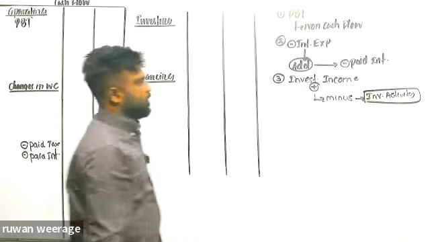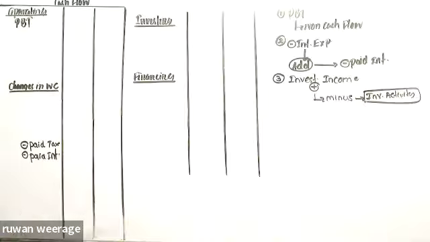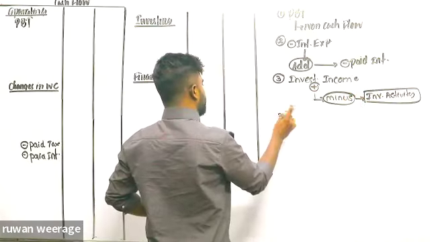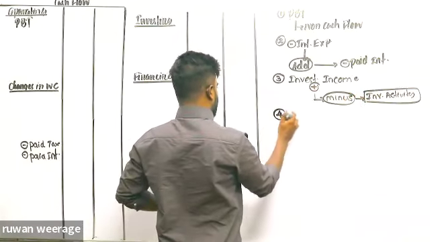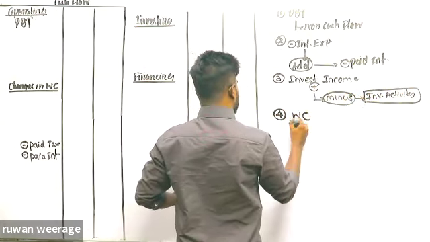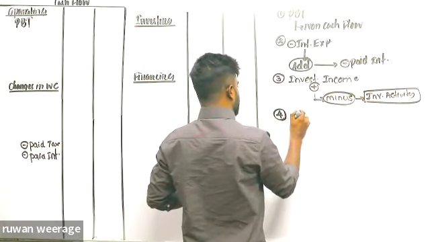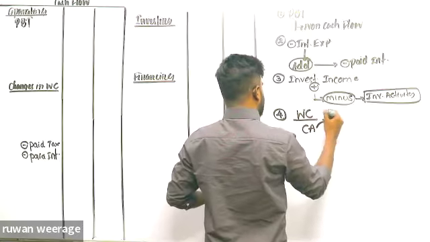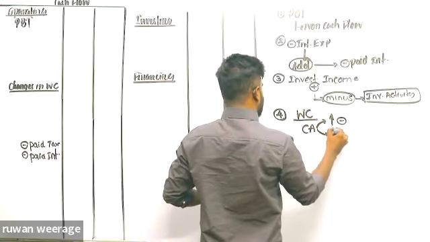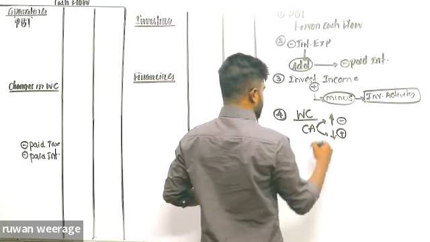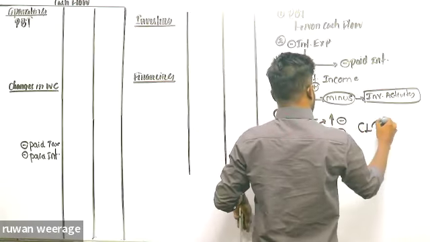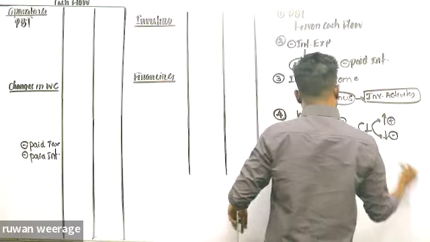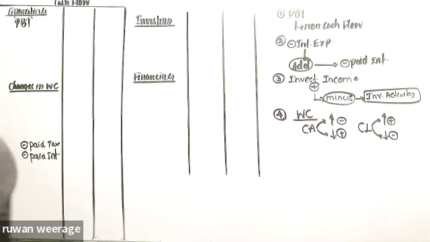Then changes in working capital, this is a short method. If current assets increase, minus it; if current assets decrease, add back. Current liabilities increase, plus; decrease, minus. Same side, they go to the same side.